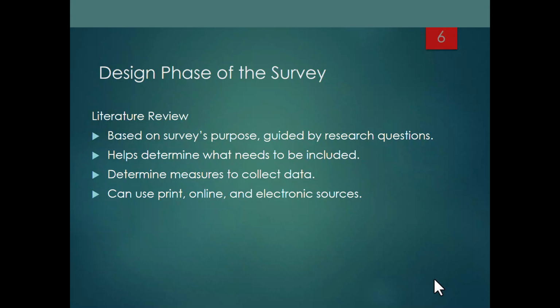It helps determine what needs to be included in the study. It determines measures to collect data. So it helps you determine whether measures already exist that you can use or whether you need to develop your own. For your literature review, you can use print, online, or electronic sources. So there are so many different sources that you can use for that.